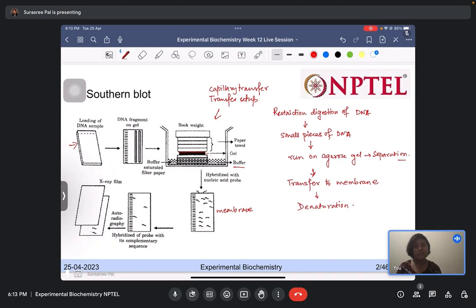So which is why there has to be denaturation, which is usually done with hydrochloric acid. And then after denaturation, the next step will be hybridization.